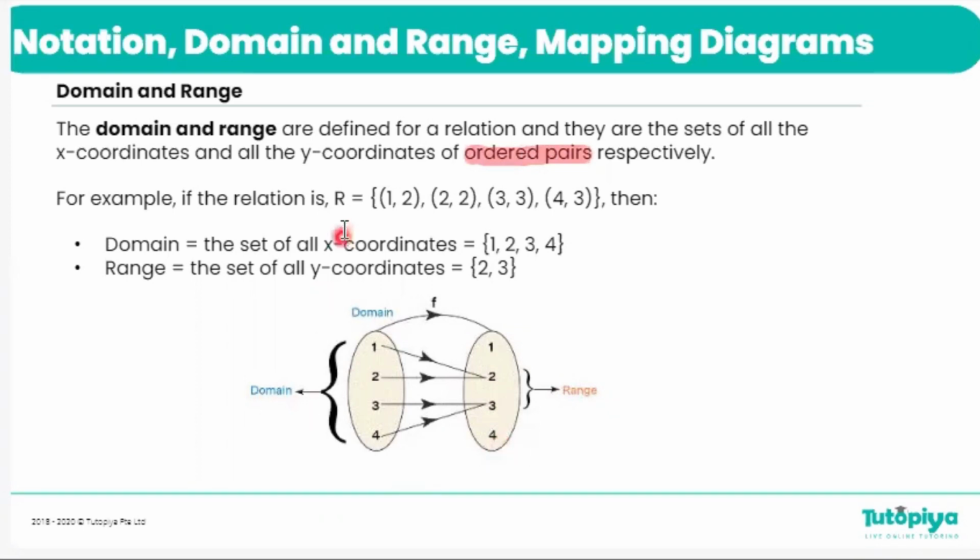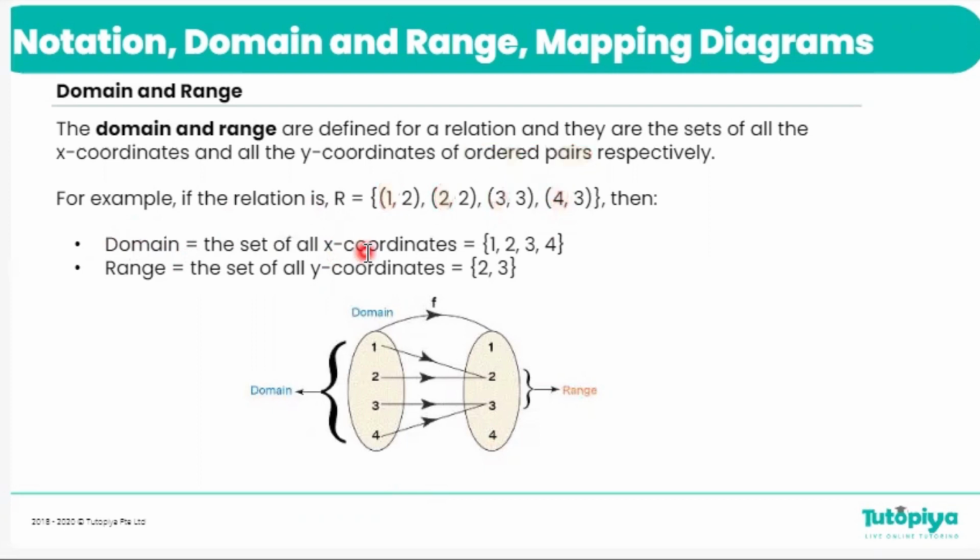So if we look at the relationship here, the set R is a set of coordinates, which are (1, 2), (2, 2), (3, 3), and (4, 3). The inputs, or my domain, is the set of all of my x coordinates, which are 1, 2, 3, and 4.